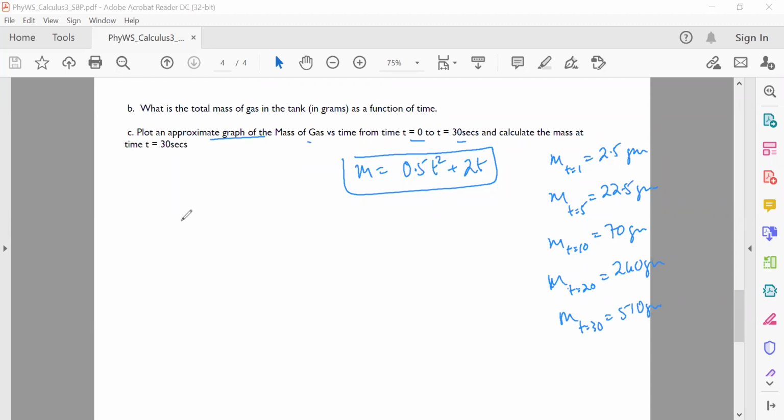So if you just kind of draw an approximate graph, you can see how rapidly it's rising.